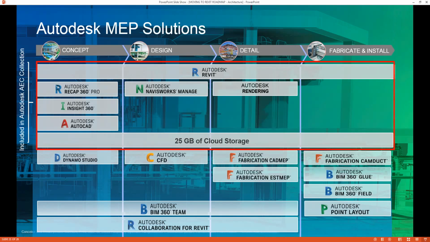They may not get those exact parts in Revit, so they will design that and fabricate. So you're basically saying Fabrication CADmep helps them to customize and specify what the architect has put there in a generic format.